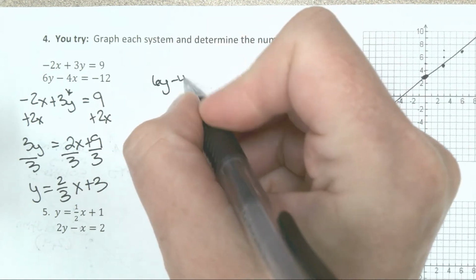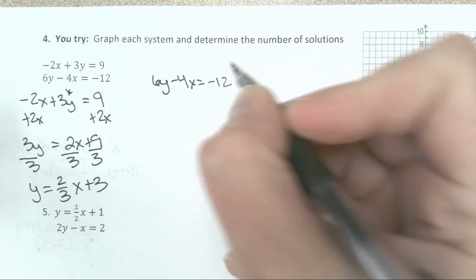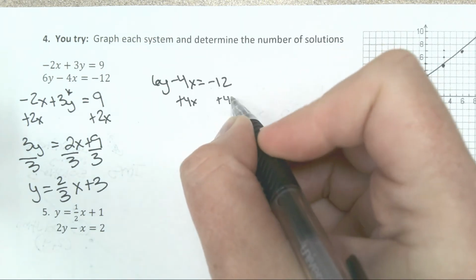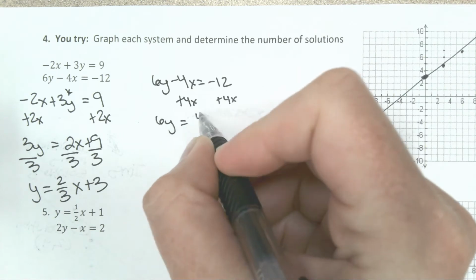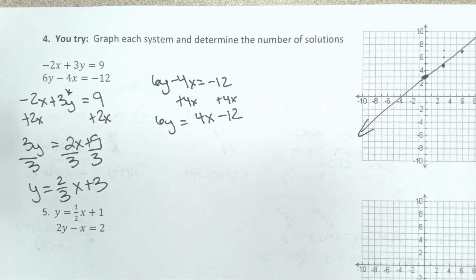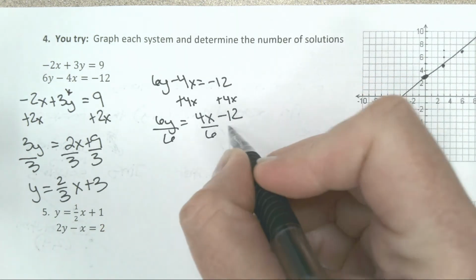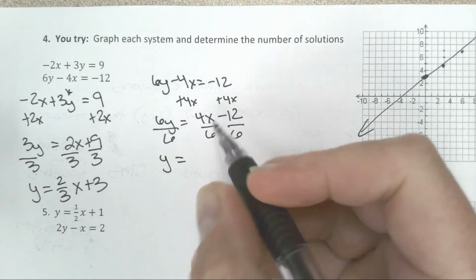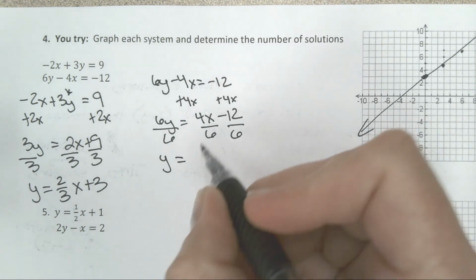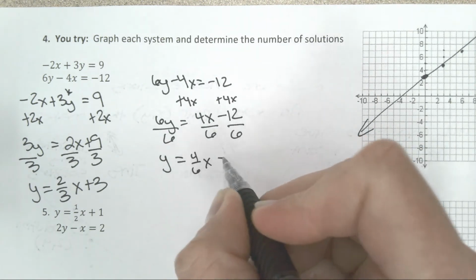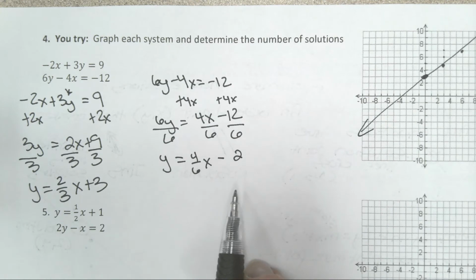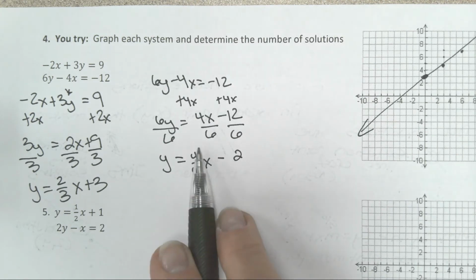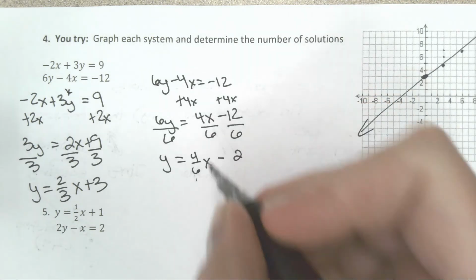And then for the other one, we have 6y minus 4x equals negative 12. So I added 4x to both sides. 6y equals 4x minus 12. Divide all three terms by 6. So y equals 4/6 x minus 2. 4/6, I recognize that I can divide the top and bottom each by 2.